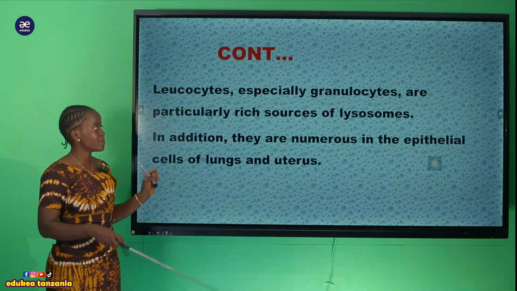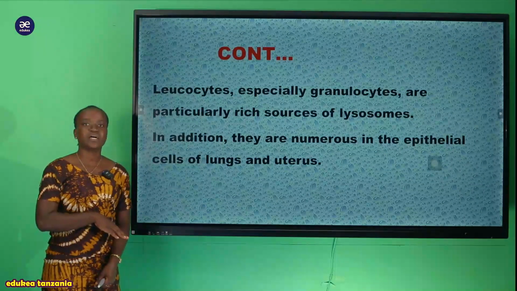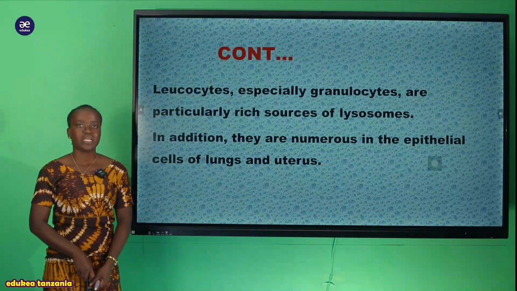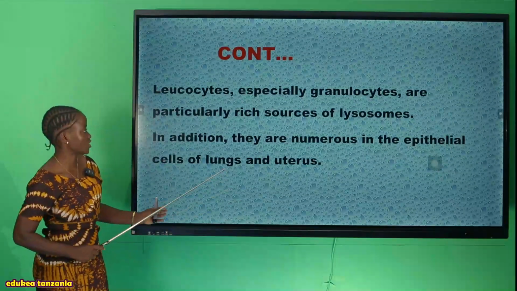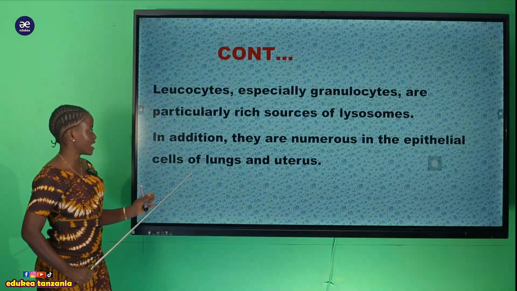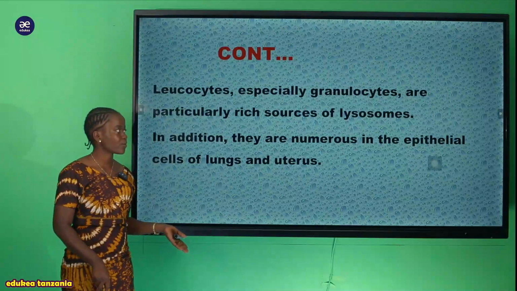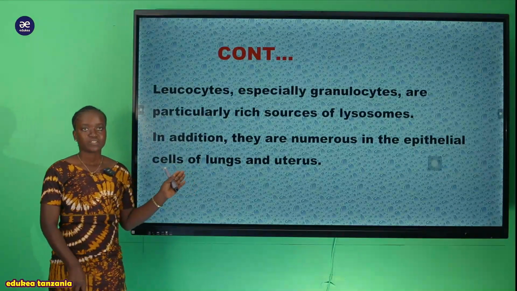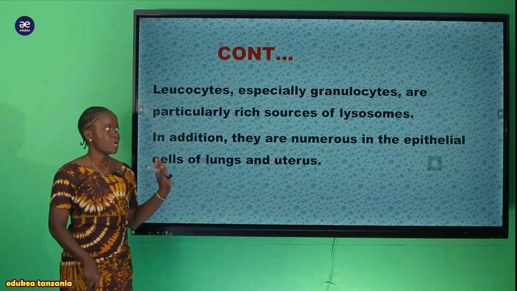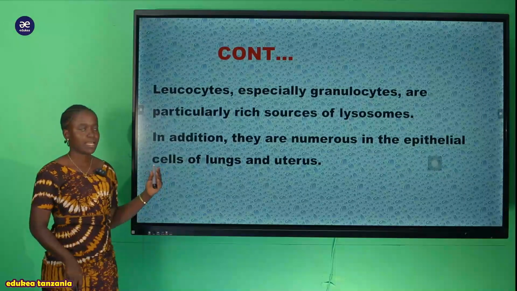So it demands the presence of lysosomes, since they will destroy all of the harmful agents or infections surrounding the living organism. In addition, they are numerous in the epithelial cells of the lungs and the uterus. So that is all about the location of the lysosome.